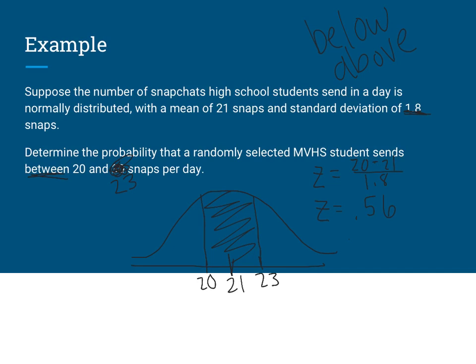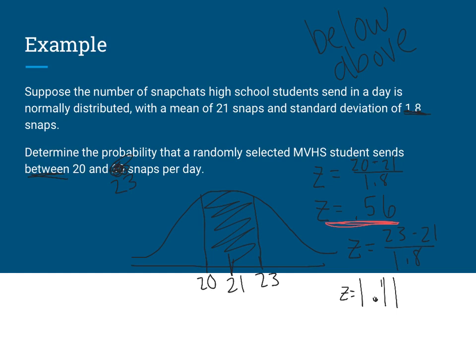And then my other one, z equals 23 minus 21 all over 1.8, 23 minus 21 divided by 1.8, and you get 1.11. That's the z-score.